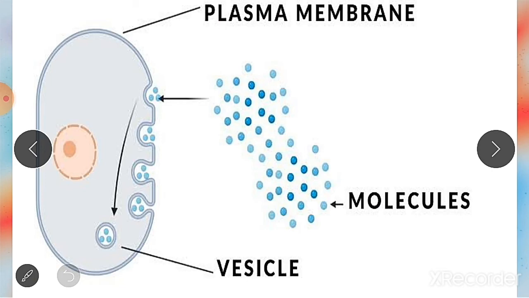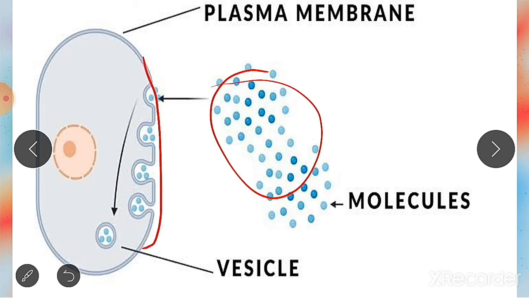Endocytosis is the ingestion of material by the cells through the plasma membrane. Here you can see these are some materials and this is the plasma membrane, and there is ingestion of these materials inside the cell. Now what happens here? The material to be taken inside the cell is surrounded by an area of cell membrane.